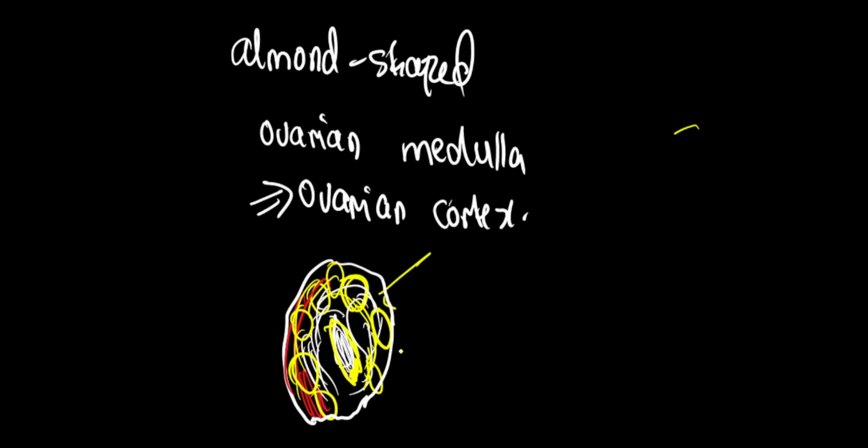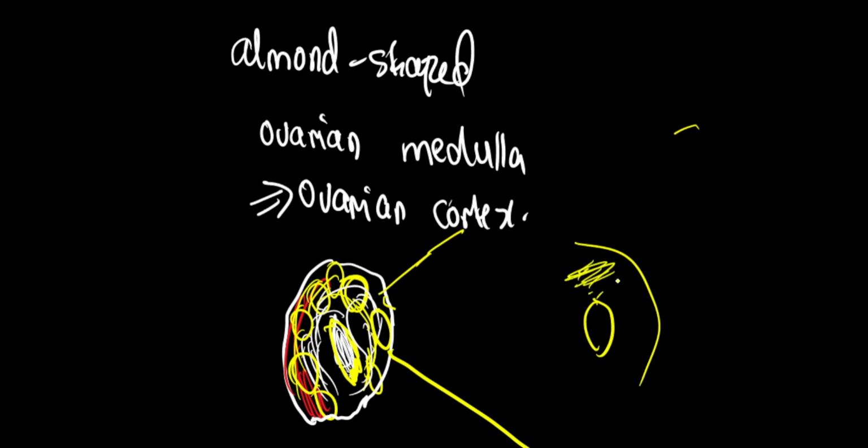Now, let's enlarge this region. So we have something like this. We can see surrounding this ovarian follicle, let me highlight this in red, surrounding the ovarian follicles, we have this yellow structure as illustrated here.